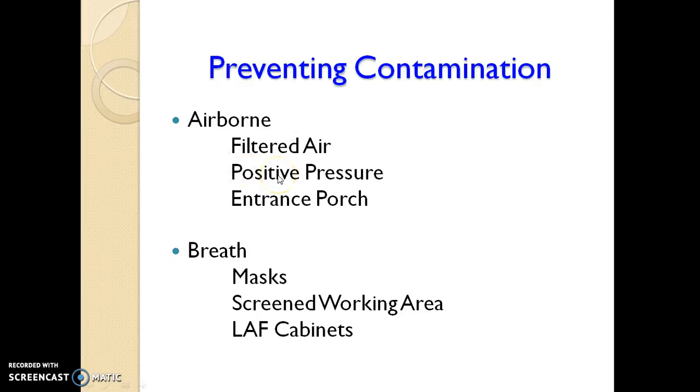By maintaining positive pressure within the room also, it can be ensured that the dust is not blown into the room from the outside. We can also have a provision for entrance ports fitted with doors at each end in order to prevent a sudden inrush of air into the working area.